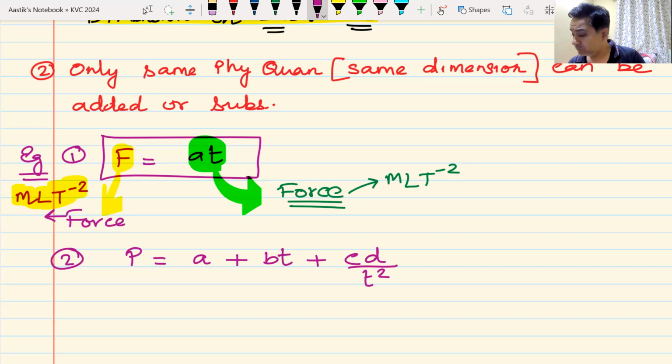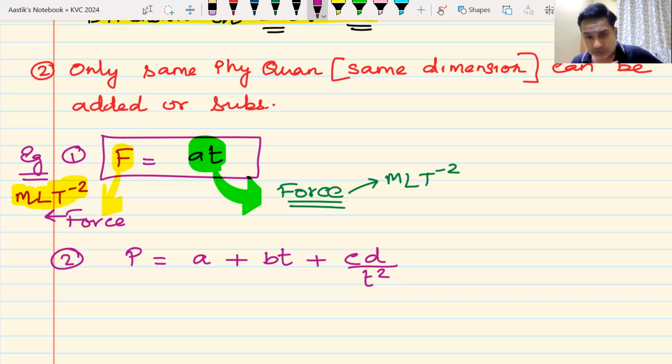Sir, actually, force means mass into acceleration, according to Newton's laws of motion. But you wrote acceleration into time. Did I say that A is acceleration and T is time? No, sir.